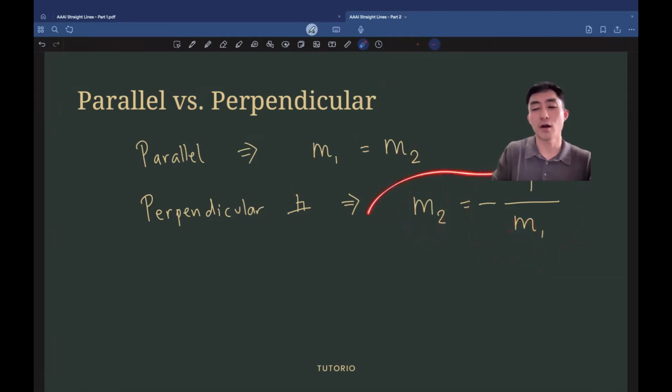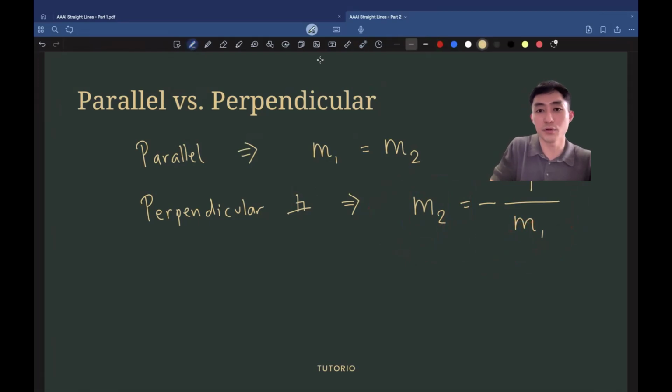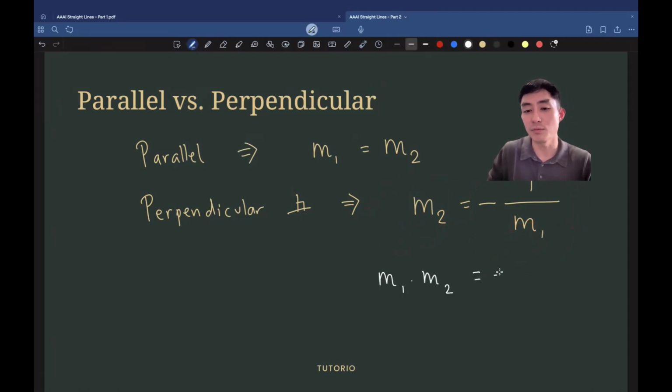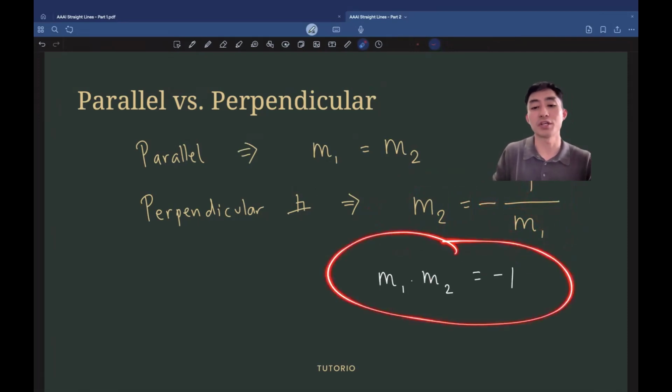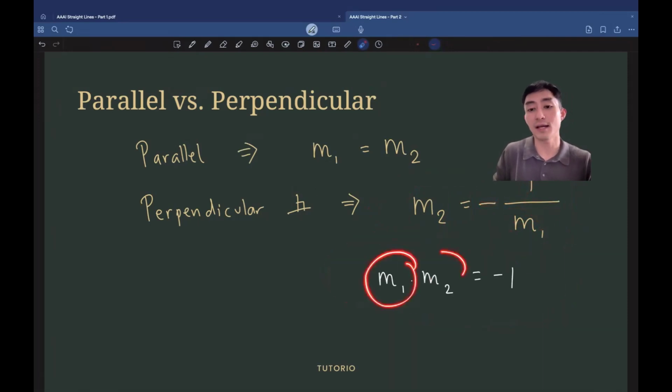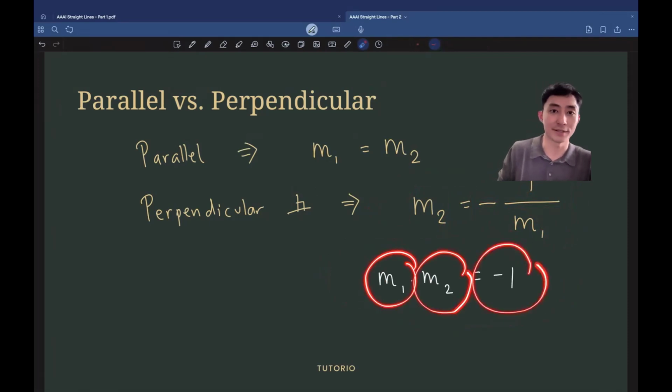Or if you cannot really remember this, you can also memorize it this way: the gradients multiplied equal -1. So you have a choice whether to memorize it as the negative reciprocal of the other gradient, or to solve this equation. The gradients of two perpendicular lines when multiplied give -1.